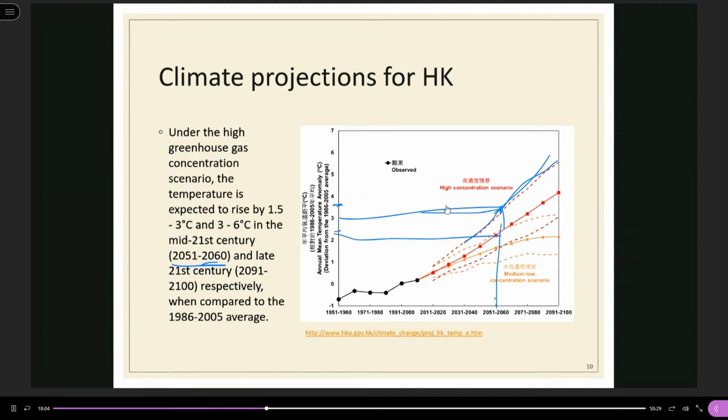So in Hong Kong, in the summer, the air temperature could be up to 35, 36. So a rise of 3.5 degrees would be very much. So maybe in the year 2060, when you are 60 years old, the air temperature in the summer in Hong Kong could be up to 40 degrees C.